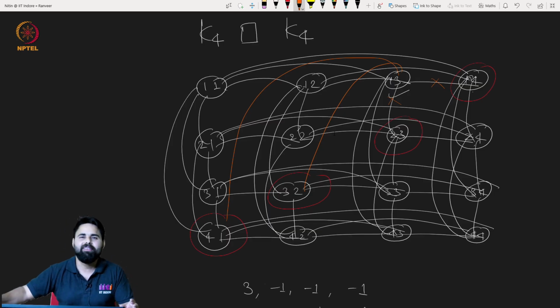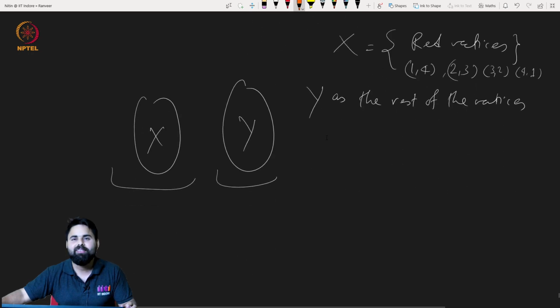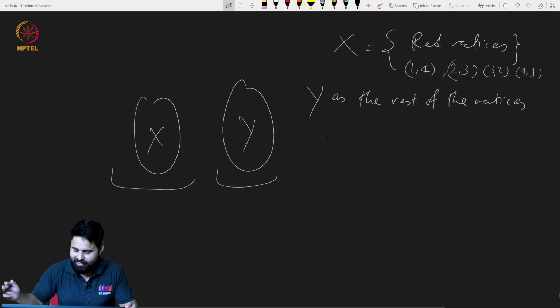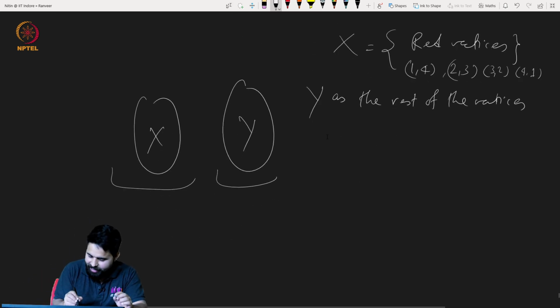Now the resulting graph we call the Shrikhande graph.